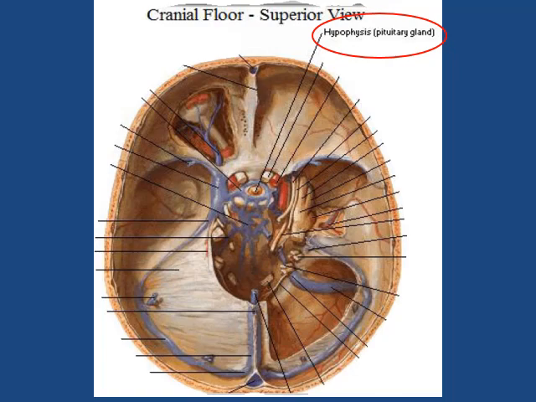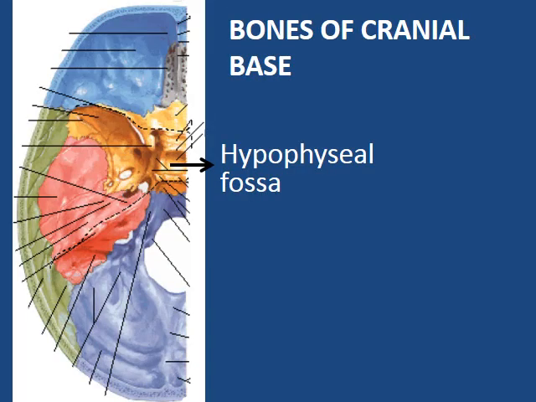In this picture you can see the base of the skull and the location of the pituitary gland. The pituitary gland is shown here with a red marked circle. This is another picture of the cranial base showing the hypophyseal fossa.